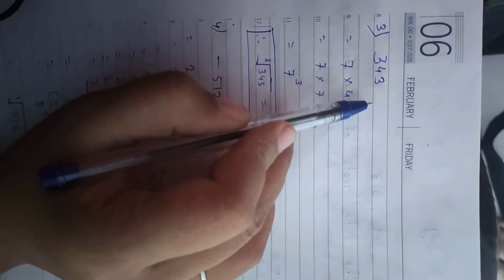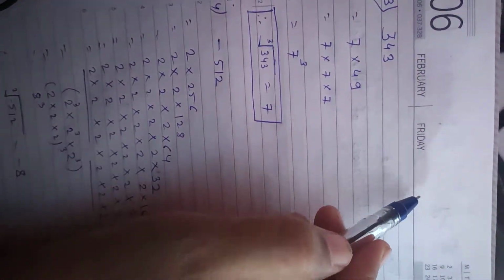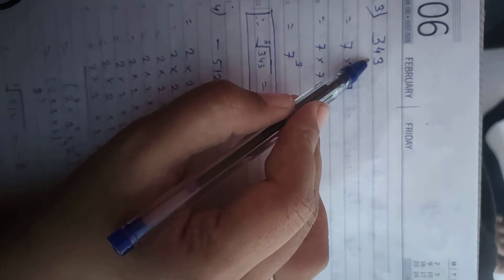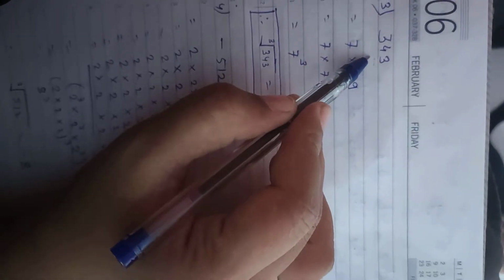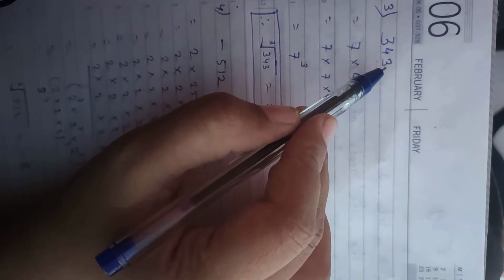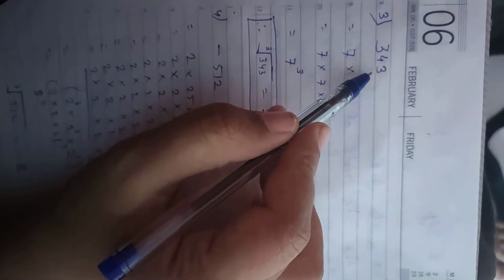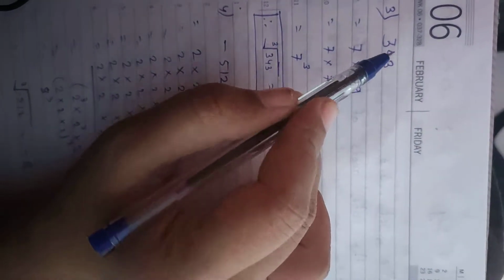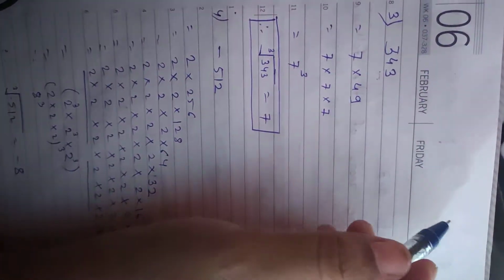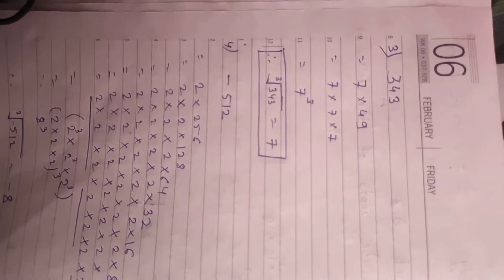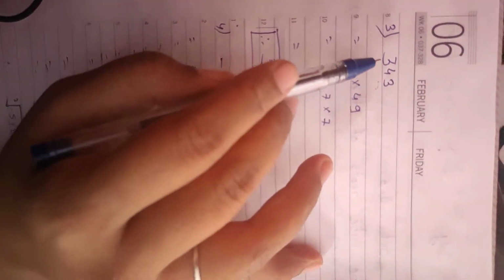Third, 343. 343 ends in 3, so it is not divisible by 2. The addition is 10, so it is not divisible by 3. There is no 0 or 5 at the end, so not divisible by 5. So any divisibility rule is not applicable here.